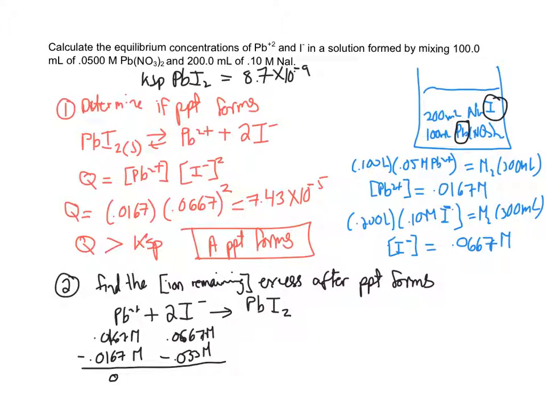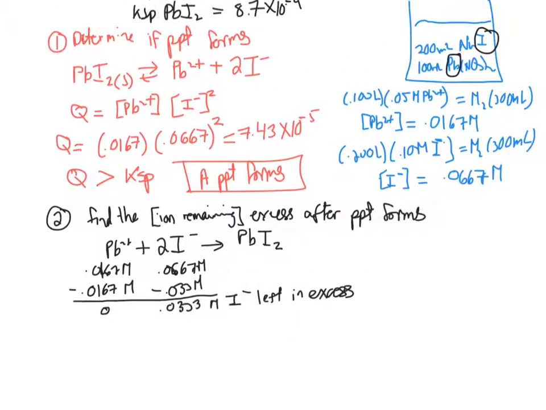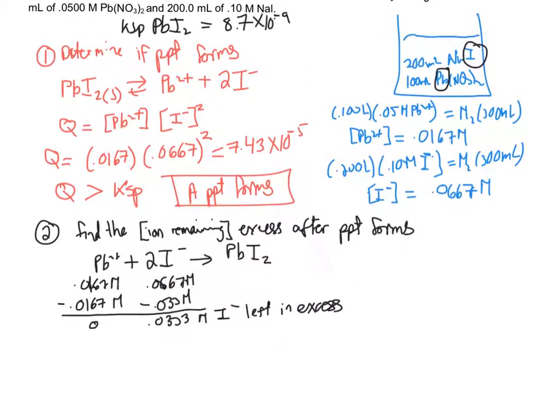So at the end, I'm going to be left over with 0.0333 molar I− left as excess. Alright, so far I figured out that when I mix these two solutions, some of the Pb2+ and the I− react together to form a precipitate.